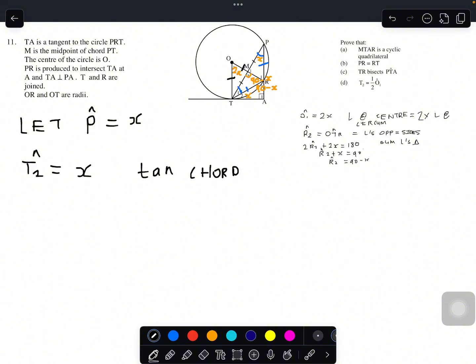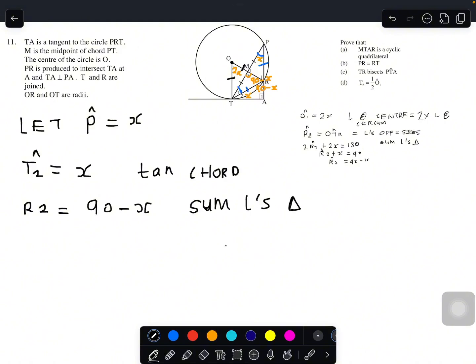We can work out that R2 equals 90 minus x, and we can figure that out by doing some angles in a triangle.